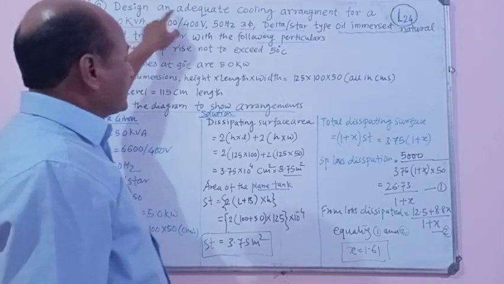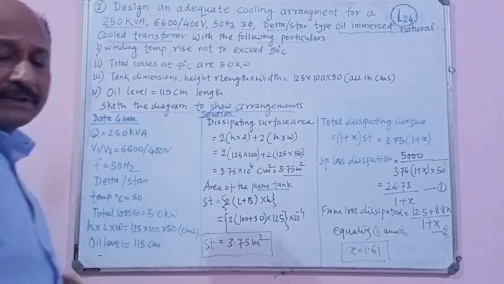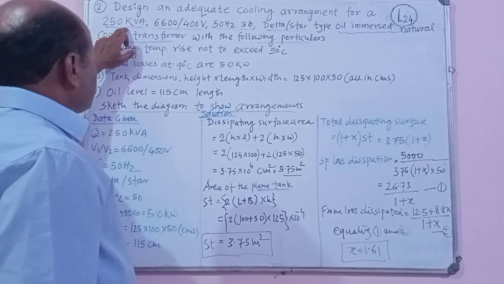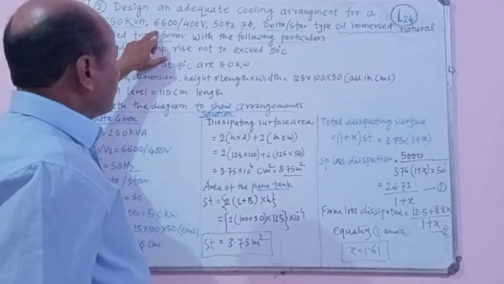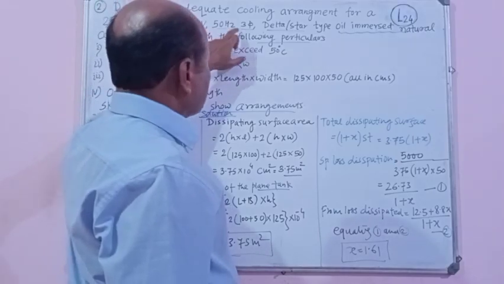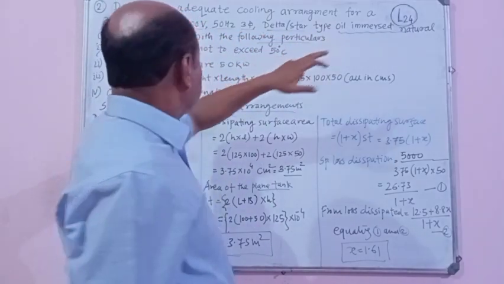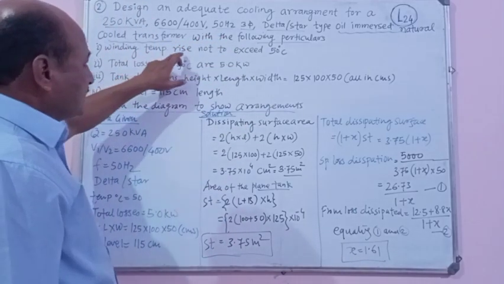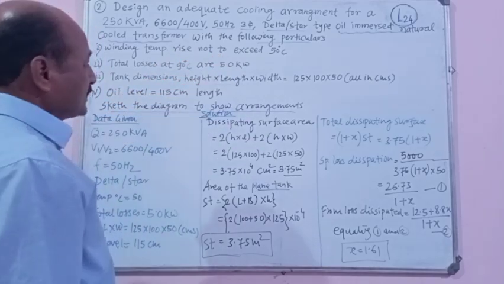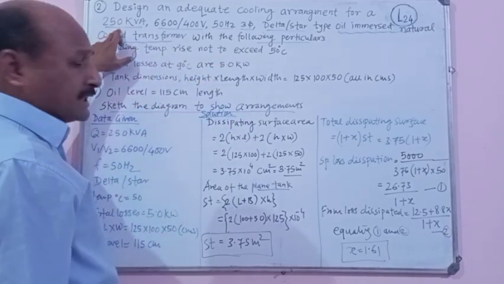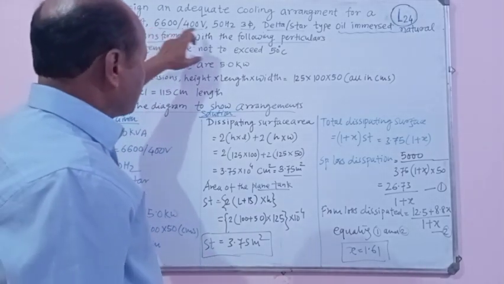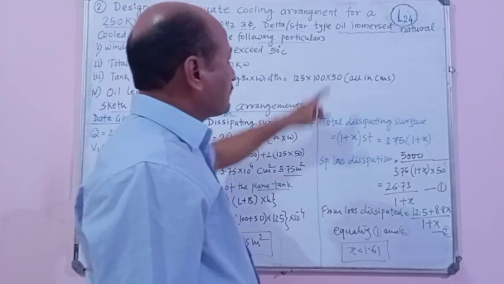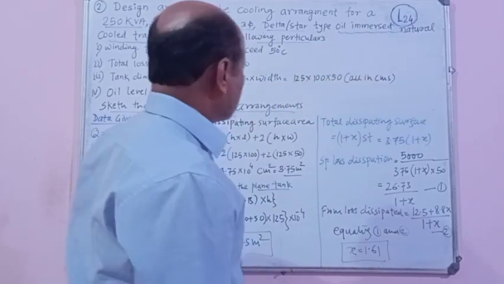Design an adequate cooling arrangement for 250 kVA, 6600 by 400 volt, 50 Hz, 3-phase delta star type oil immersed natural cooled transformer with the following particulars: winding temperature rise not to exceed 50 degrees Celsius, means temperature is given, then rating of the transformer is given, voltage ratios are given, supply frequency is given, then 3-phase primary is delta, secondary is star, and the type of cooling is nothing but oil immersed natural cooling.